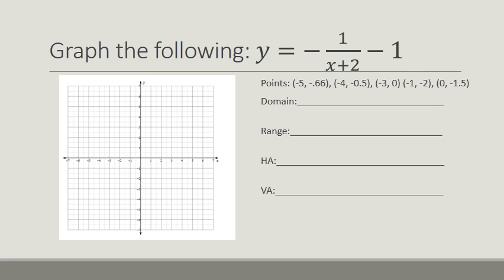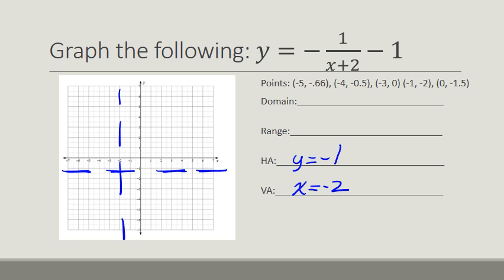All right, so we got these points from the graphing calculator. My vertical asymptote is going to be x equals -2. My horizontal is going to be y equals -1. So if I graph those in, x equals -2 is here, and y equals -1 is here.